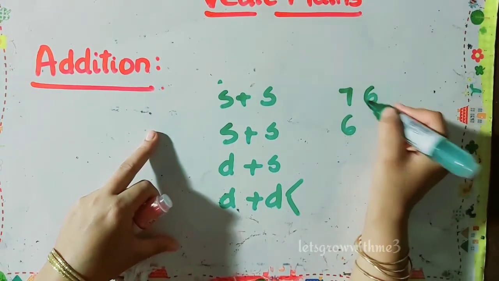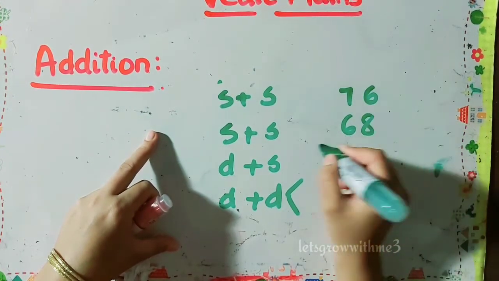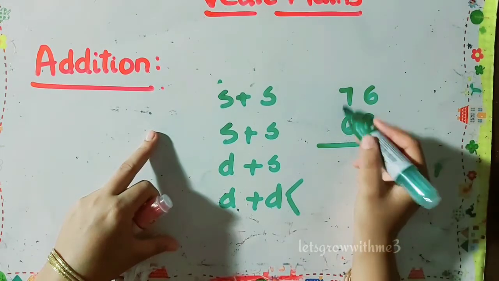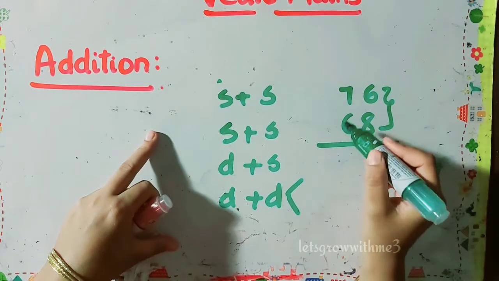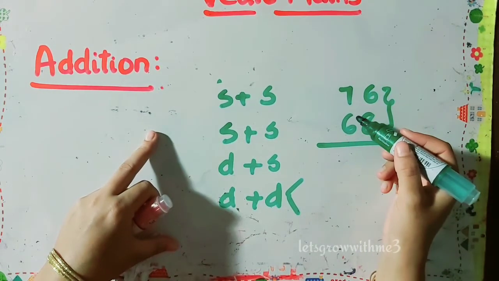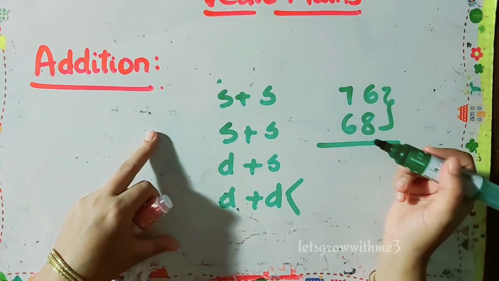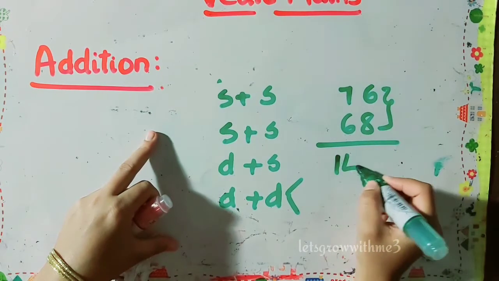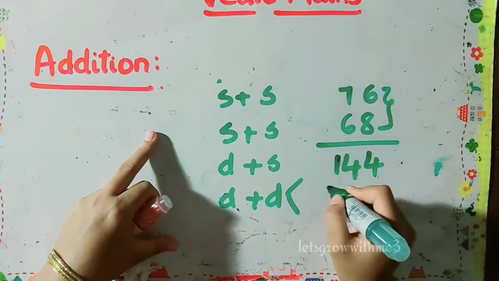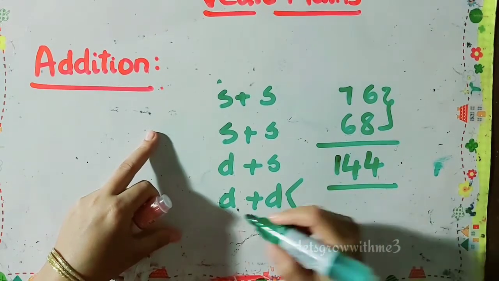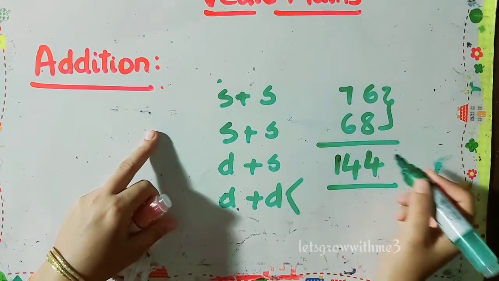So let's see with carry combination. 76 plus 68, which is equal to: 6 plus 7 is 13. So for 13 we need to add 1 because in ones place we have carry combination. So write down 14, then 8 plus 6 and the end number is 4. Okay, so the answer is 144.